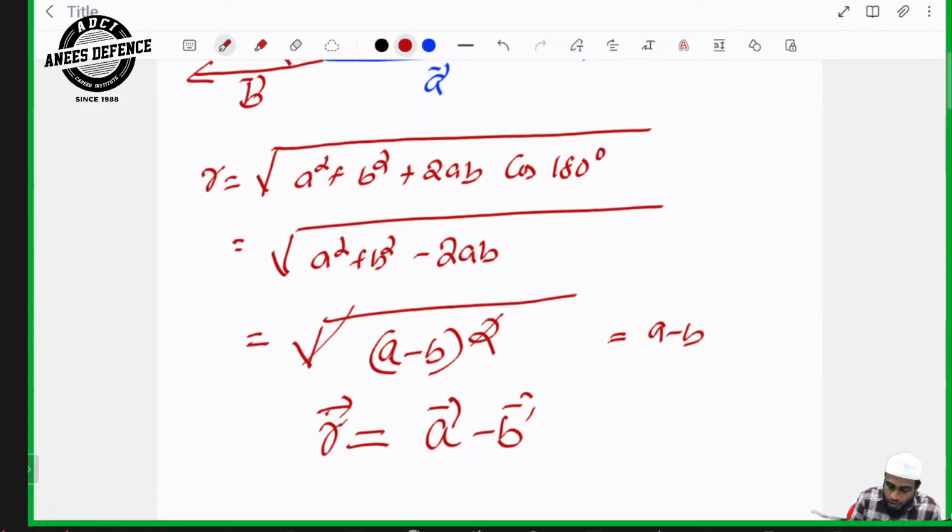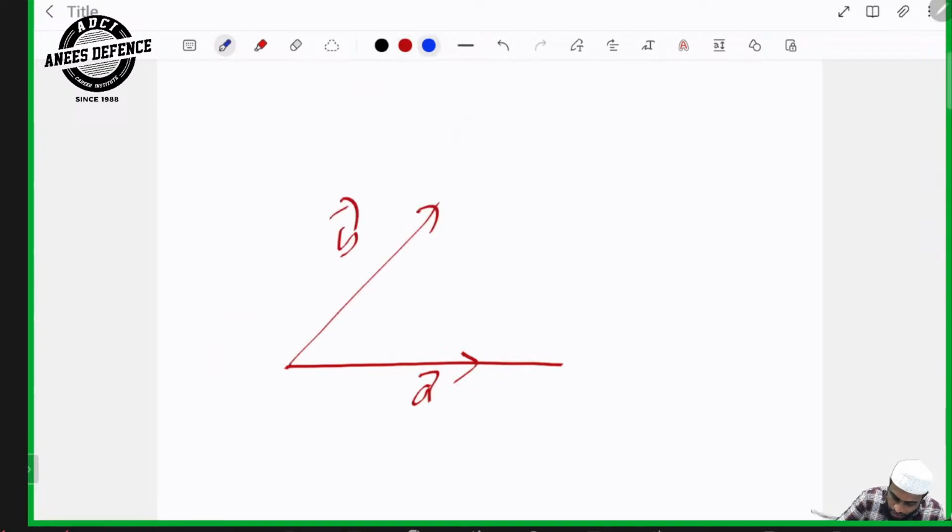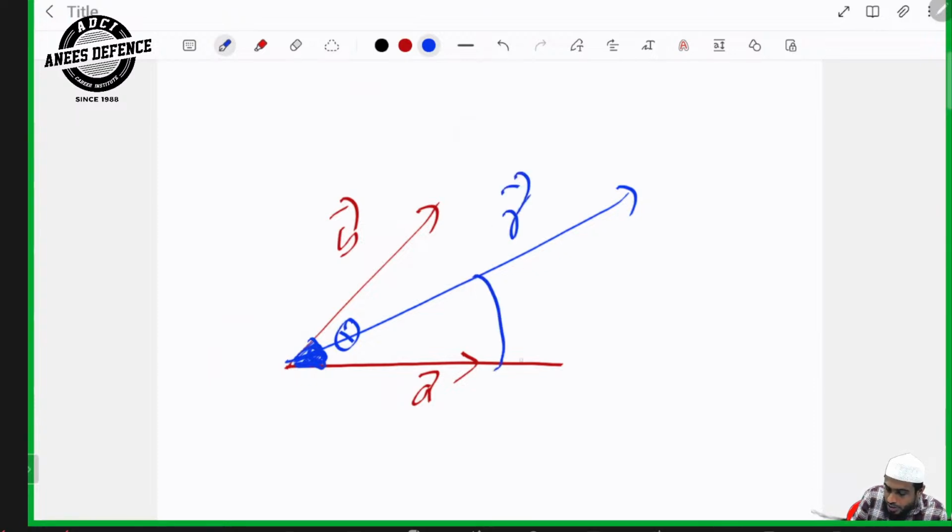Understood? Now, you have a vector A and you have a vector B, and the resultant is like this. The angle between A and B is theta. The angle between the resultant vector and one of the vectors is alpha. If you want to calculate alpha, what do we have to do? Sometimes they may ask, what is the angle between the resultant vector and one of the given vectors?